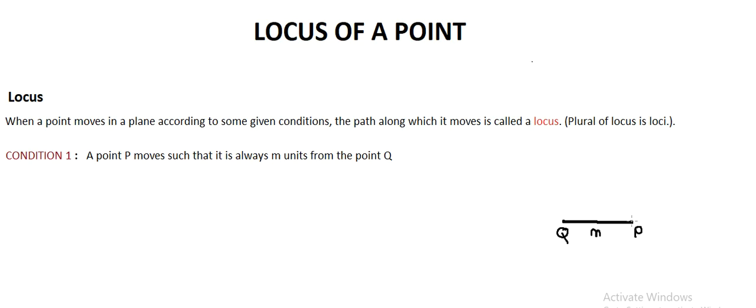So this is our point P and this is our point Q. Now P is the moving point. If the point P moves to here, the distance between P and Q must always be m unit. So if I move the point P here, then this distance will also be m unit.